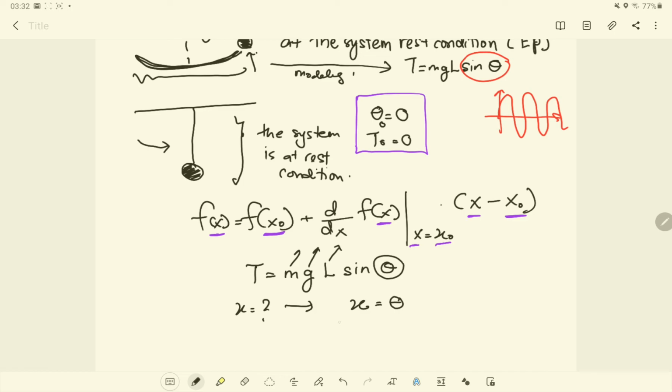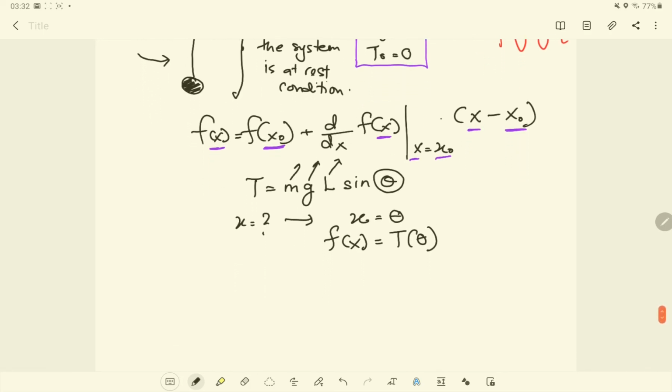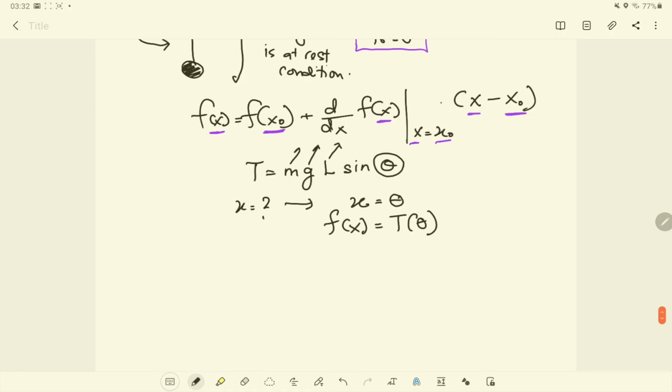And f(x) is equal to T(theta). So we write it again in the form of T and theta.